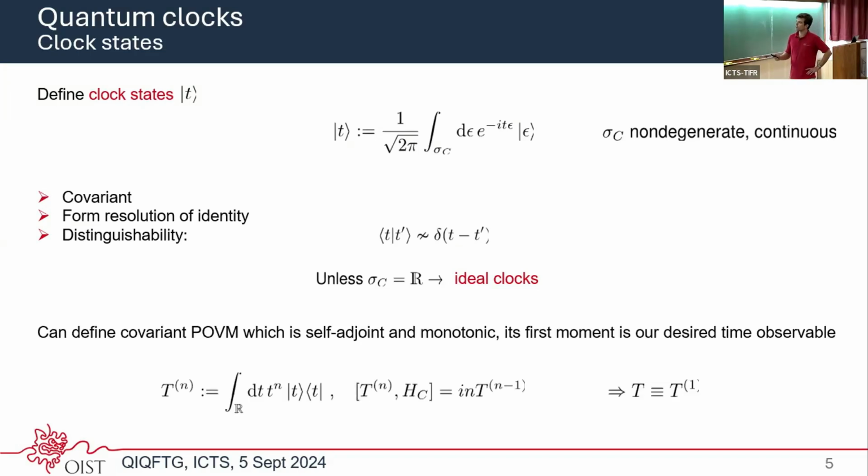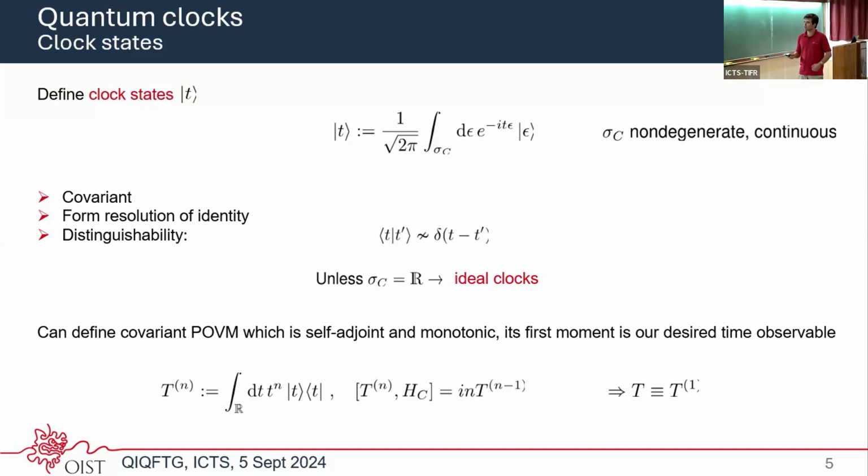From these clock states, we can create this covariant POVM. I will not give the definition of it because it's not really important for the rest of the talk, but you can go to our paper and look up what it actually is. This POVM is then self-adjoint and monotonic, and this circumvents the issues I presented before, because this will be self-adjoint and monotonic for any spectrum sigma_C, bounded or not.